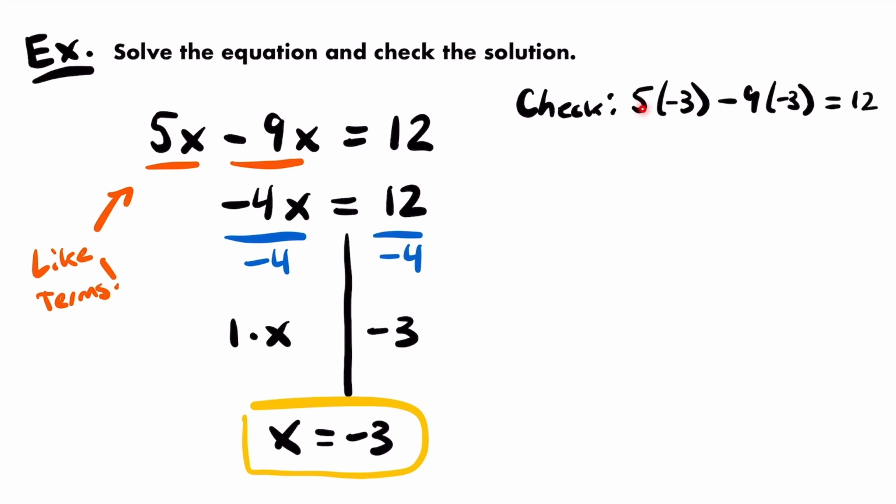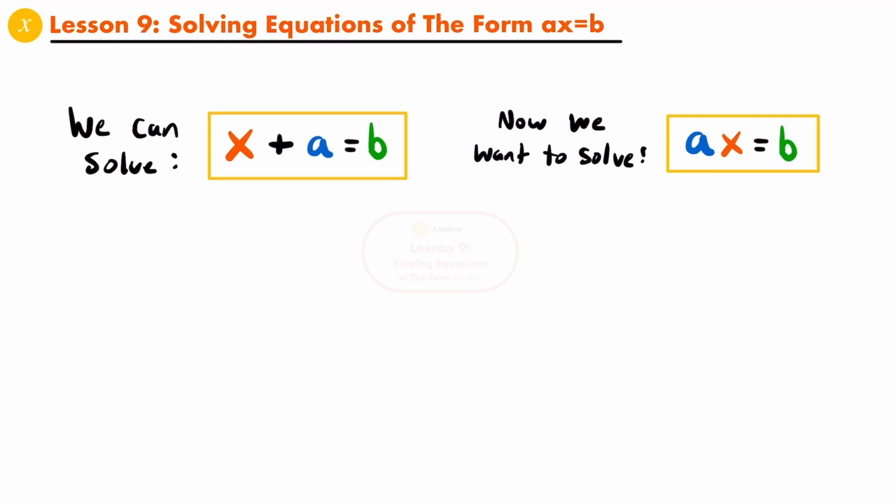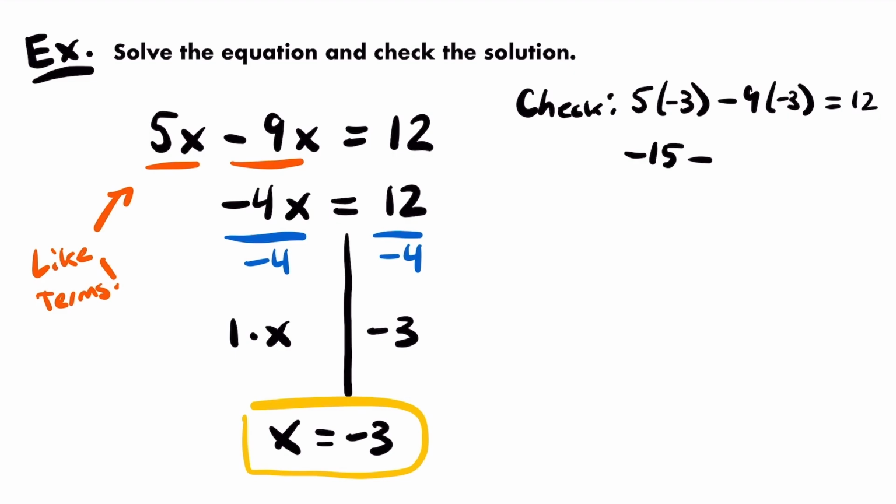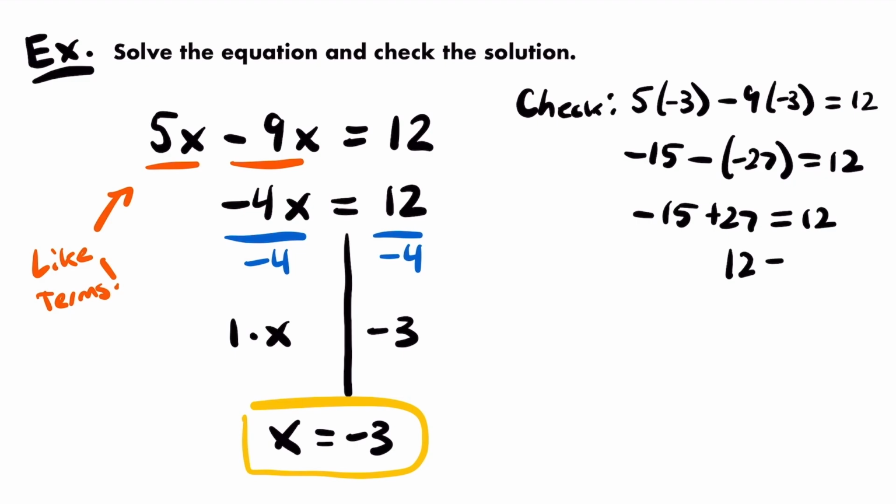So let's check it. 5 times -3 is -15, so we get -15, and then we are subtracting 9 times -3, which would be -27, so we're subtracting -27, that's equal to 12, and then those two negatives would cancel out, so really you would have -15 plus 27 equals 12, and -15 plus 27 would be equal to 12. So this equation is true. We get 12 equals 12, which checks out, and so -3 is the solution to this equation.